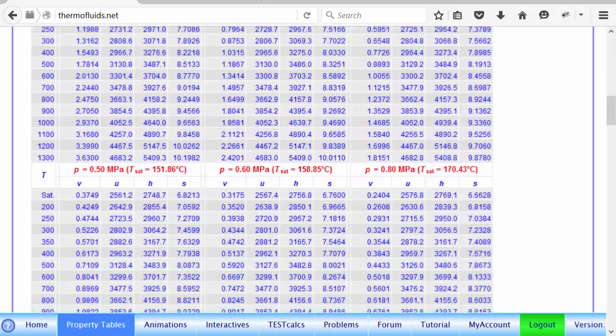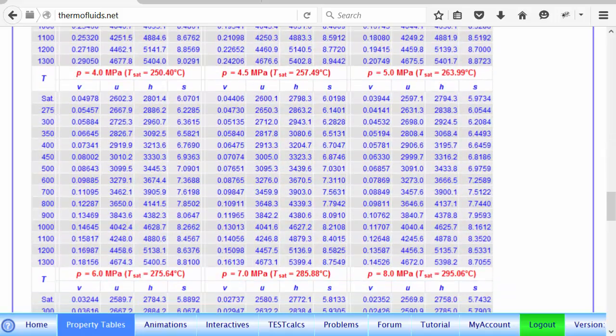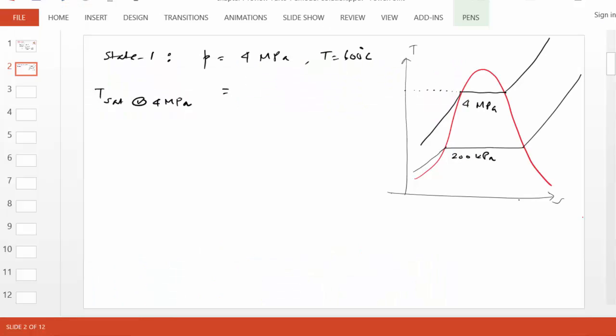So go to the 4 MPa table, which is right here, and in the 4 MPa table you will notice the saturation temperature is listed right in parentheses next to the pressure, which is 250 degrees Celsius. So clearly, if this is 250 degrees Celsius, then 600 degrees Celsius might be way up here. So this is our state 1.